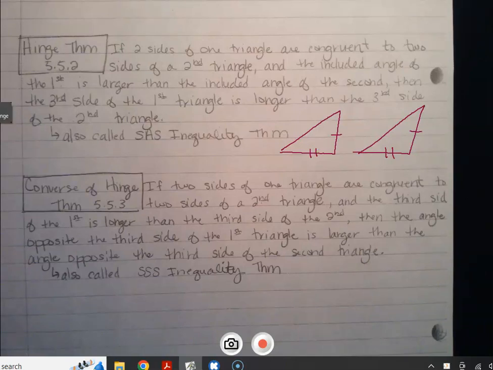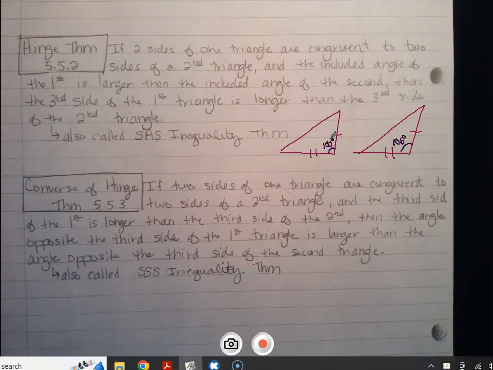Does that make sense? So the included angle of the first, see mine look identical, but this would be my included angle. Okay, so let's say this is 106, and let's say this one's 100. Do we understand what it's saying so far?